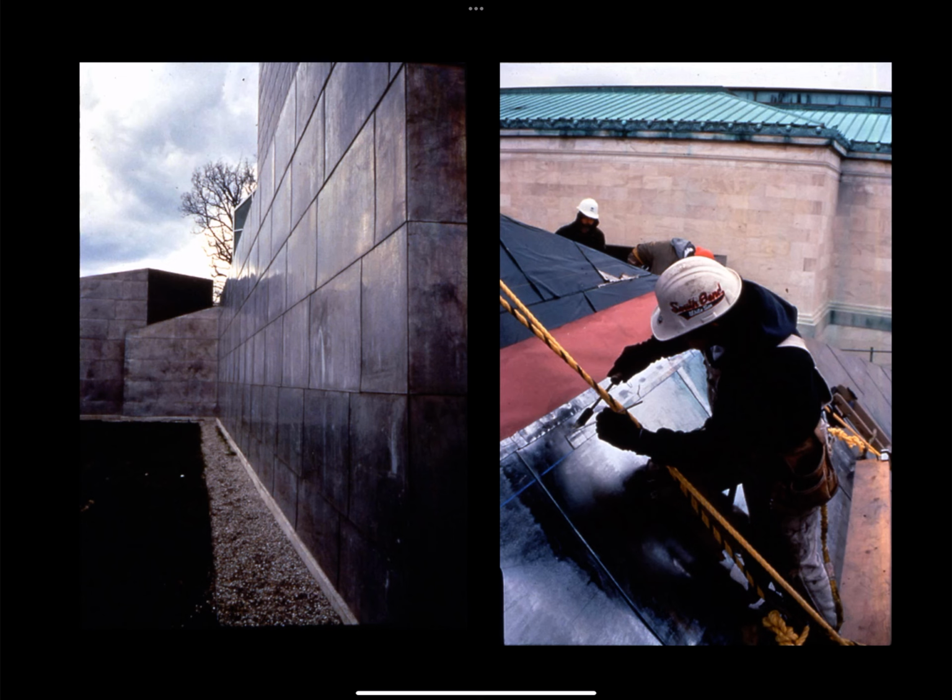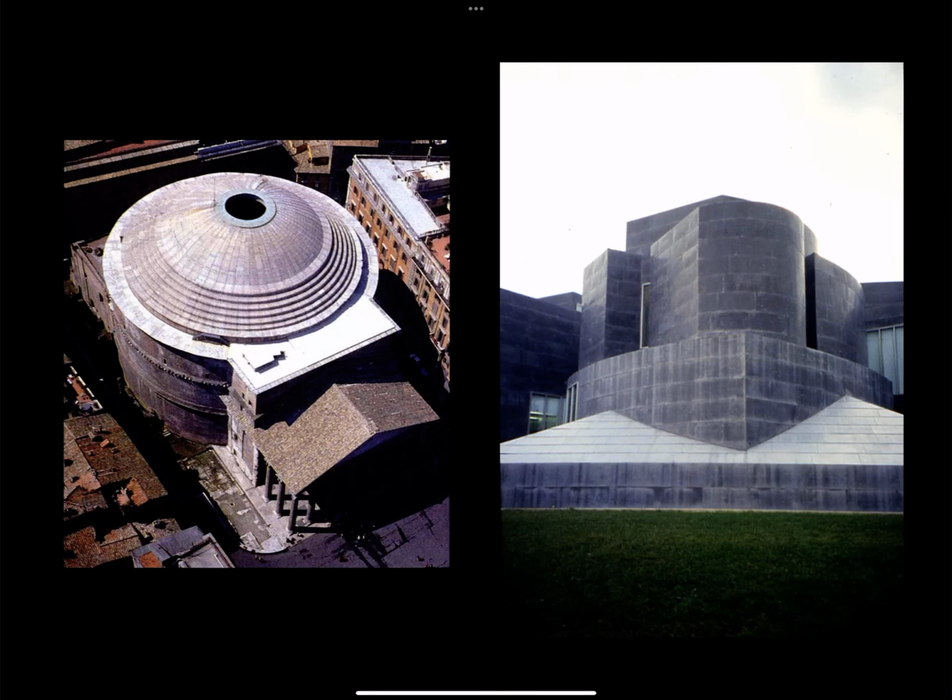So here we have Frank Gehry, who is very inventive in terms of the formal character of his buildings, very radical, avant-garde, and yet the cladding system he's using here, the flat seam system, is exactly the same system as the Pantheon.